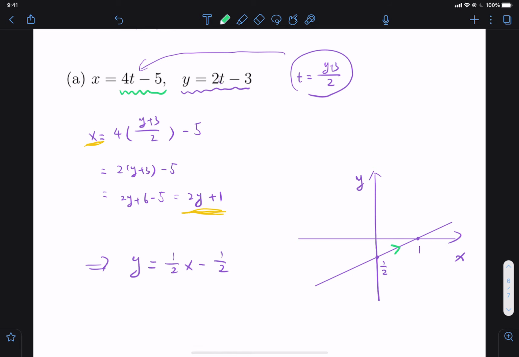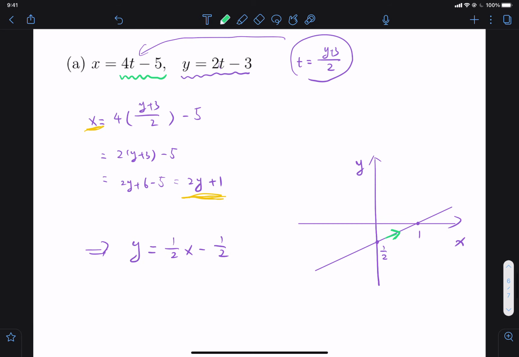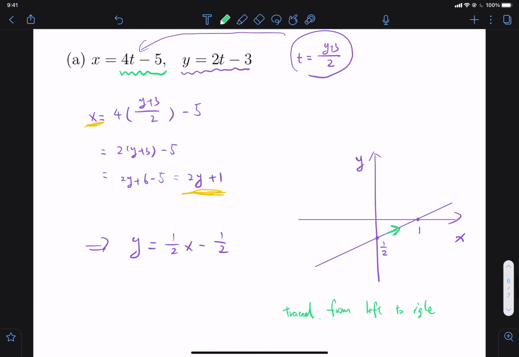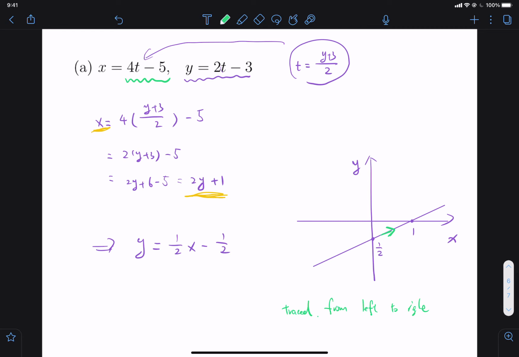So it's in this direction, from left to right, right? Traced. Okay, very simple. Just take a look at how the x, y coordinates change when t increases.